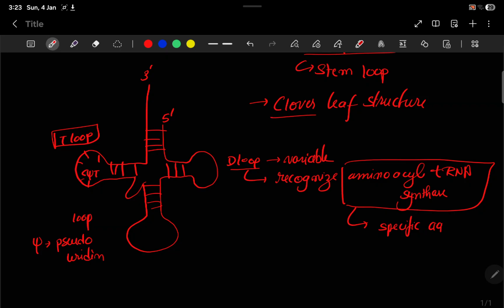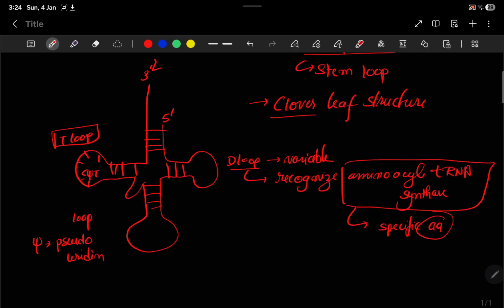You will find a lot of variations, and every variant corresponds to a different synthetase. This enzyme is responsible for charging of tRNA, which means the amino acid is put onto the 3' end of the tRNA, so that the tRNA is loaded with the amino acid, which it can then deliver to the ribosome. That is the fundamental function of tRNA.